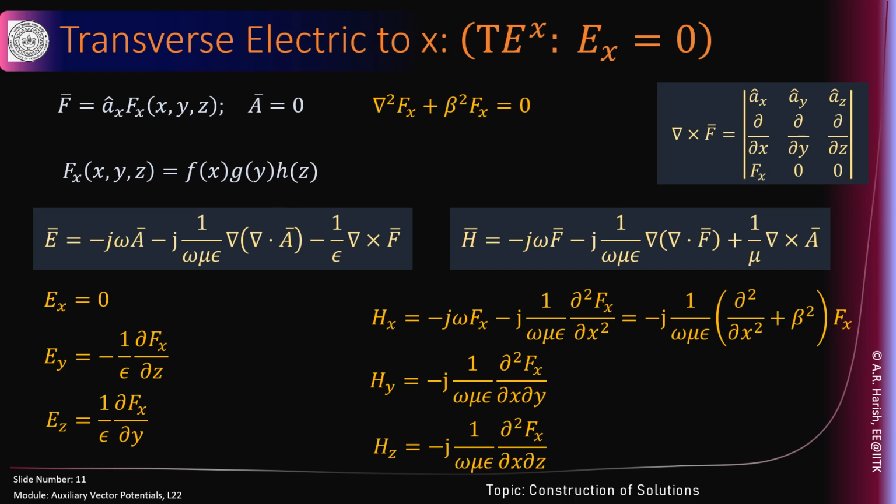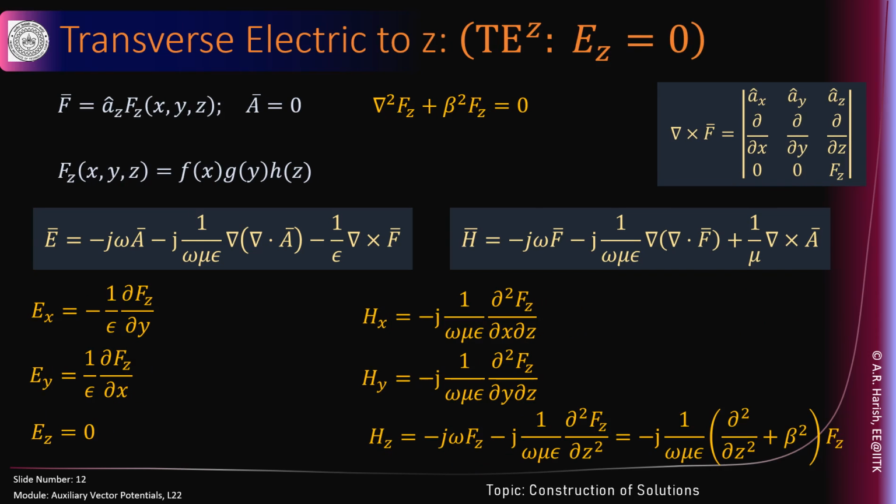To compute the TE to x, transverse electric to x mode, I choose F equal to x cap Fx but A equal to 0 and solve for del 2 Fx plus beta square Fx equal to 0. Rest of the solution, writing the solutions, is pretty much the same. But please do this once yourself.